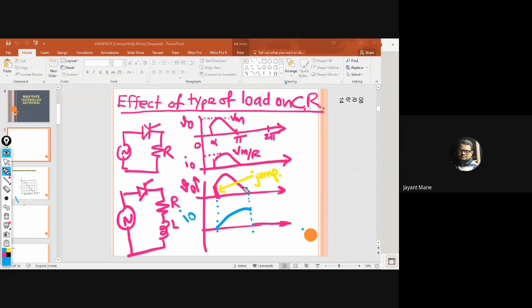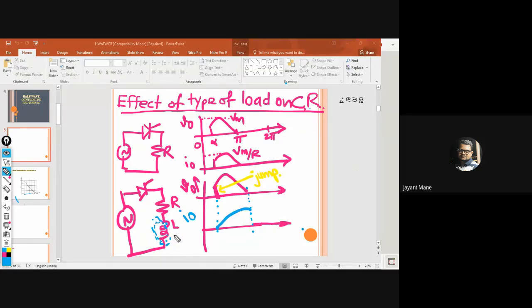So as input voltage has gone to zero, the HCR also should stop conducting. So HCR is trying to shut down, but the inductance will always release the energy. It cannot store the energy because it is in the form of magnetic field around it. So this magnetic field will collapse if we suddenly cut the circuit.